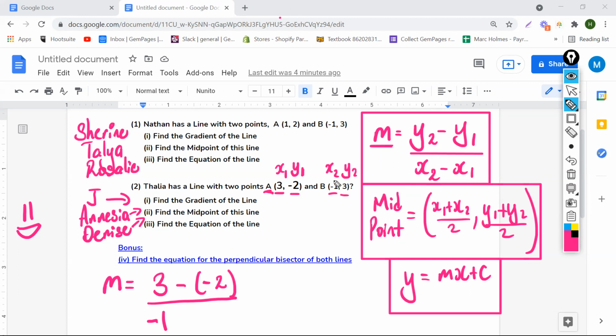Yeah. -1 minus 3. Does that make sense? So y2 is 3, y1 is -2, x2 is -1, and x1 is 3. So I'm actually going to end up with 3 plus 2 here, because the two negatives give me a plus, over -1 minus 3. So I end up with 5 over -4.